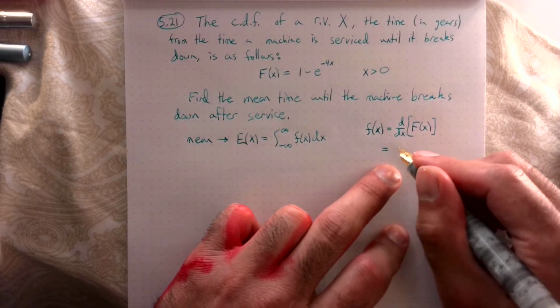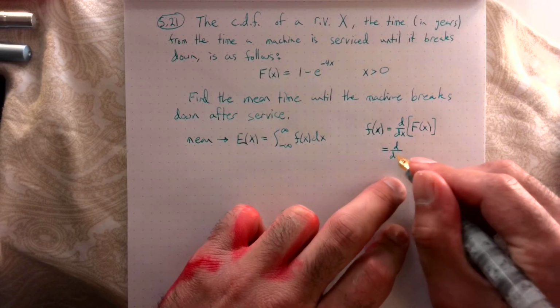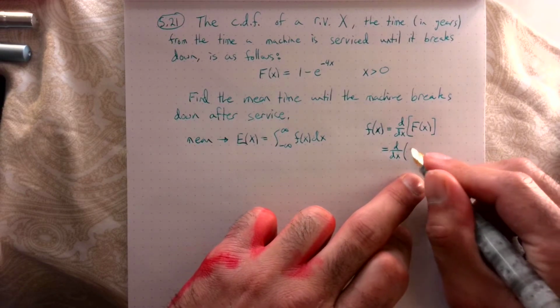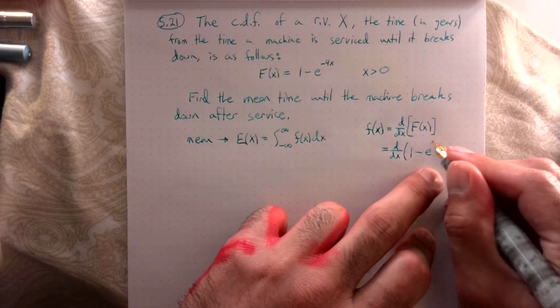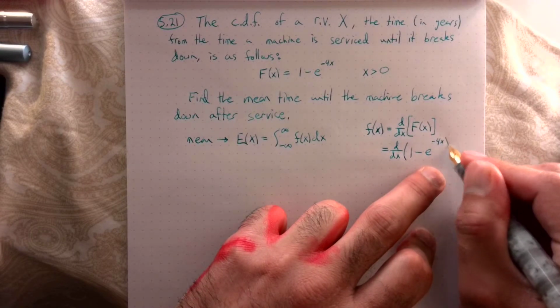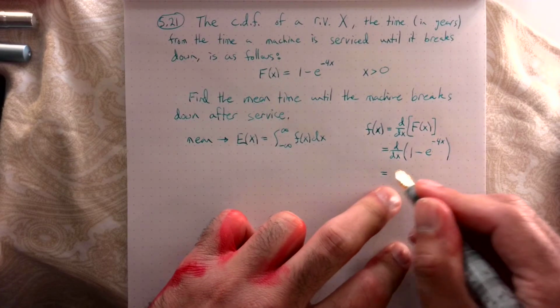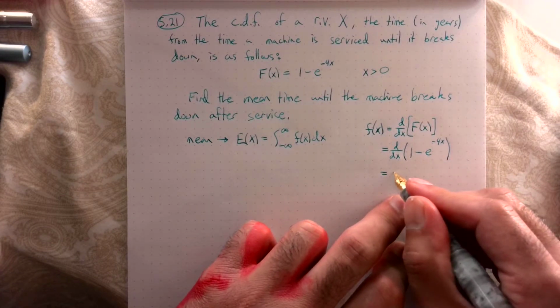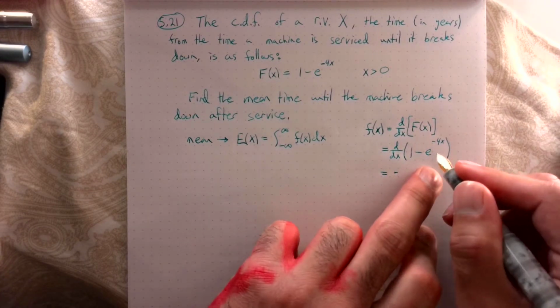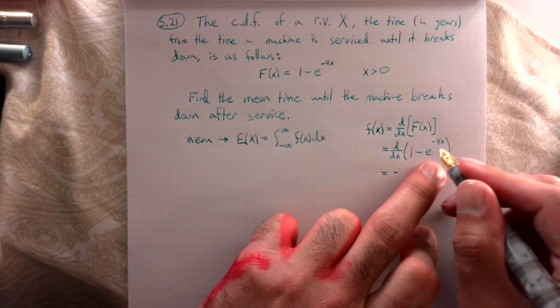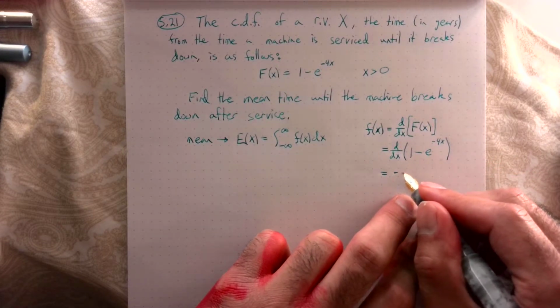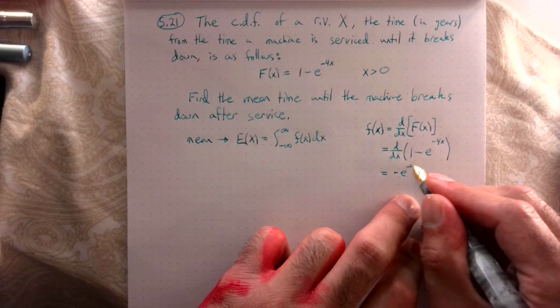So this is going to be equal to the derivative with respect to x of 1 minus e to the minus 4x. So the derivative of 1 is going to be 0. The derivative of this, we're going to have minus, right? The derivative of e to something is just e to something, so we leave it alone at first, e to the minus 4x.